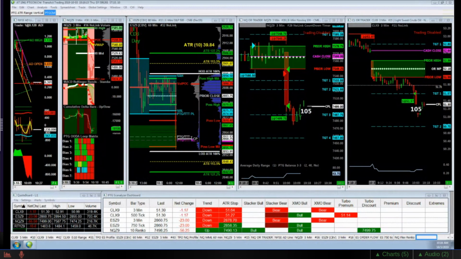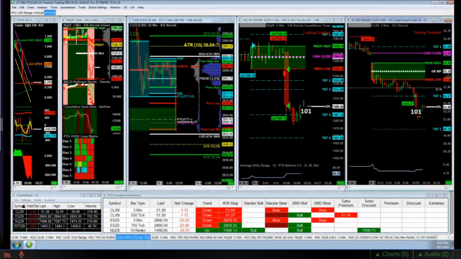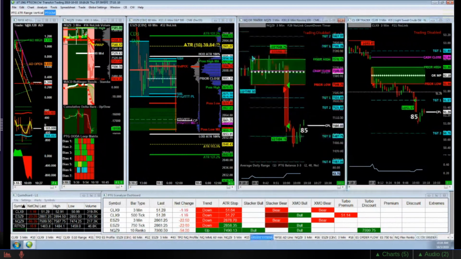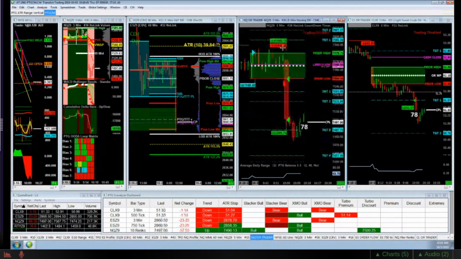All right, decent opening. Again, a little wild movement. Just as a quick summary, we were short on the crude oil, and we hit our lower target, went a little bit beyond, but again, that was the ISM news. And then NQ, we were long. Got stopped out, got stopped in. I actually had about 4.5 or so points of slippage on the entry after getting stopped.